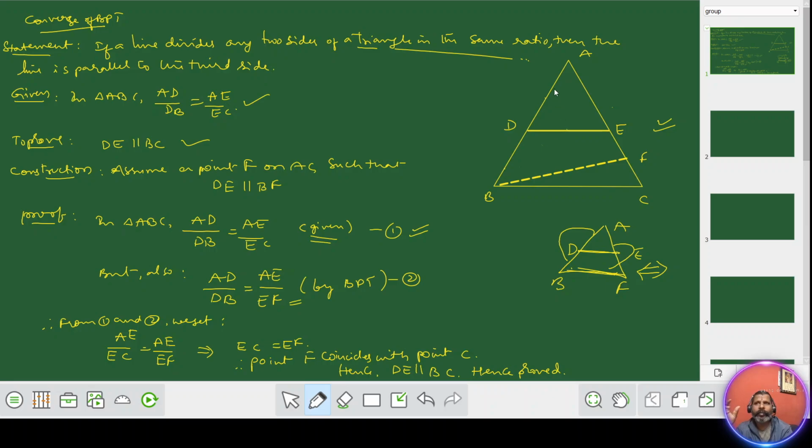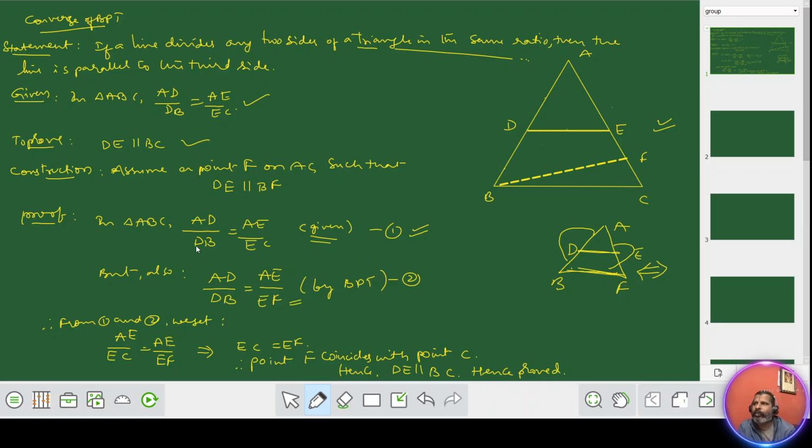One is given, for the original triangle ABC: AD by DB equals AE by EC, because it is from the given part. What we assumed in the construction is DE parallel to BF, so from that we get the other ratio, AD by DB equals AE by EF.